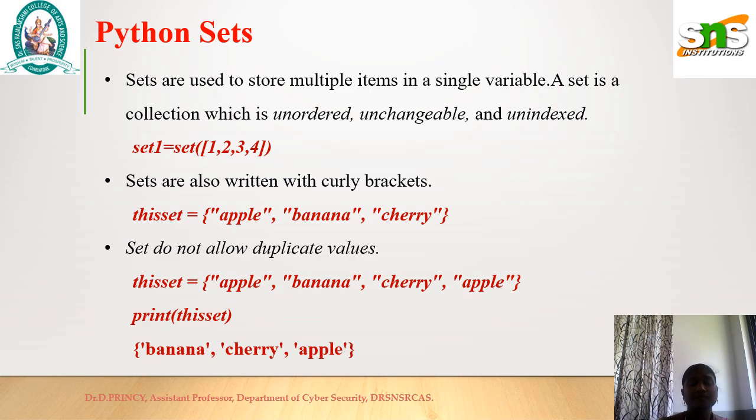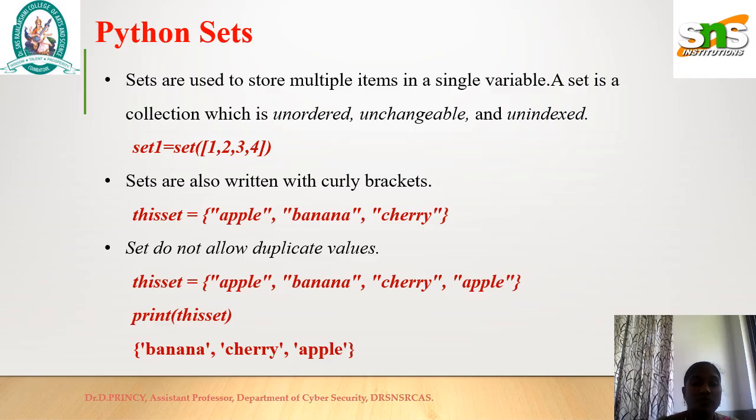Python sets. Sets are used to store multiple items in a single variable. A set is a collection which is unordered. Unlike list and tuples, which are ordered, a set is unordered, unchangeable and unindexed. It can be enclosed with a round bracket within a square bracket.